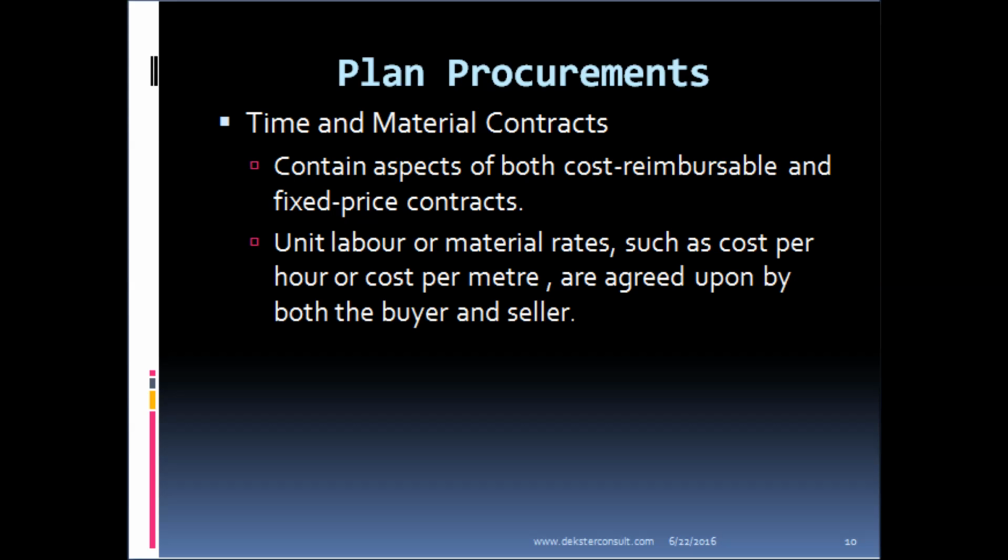Unit labor or material rates, such as cost per hour or cost per meter, are examples of time and material contracts. So we could see a fixed cost per meter, which looks like a fixed price contract, but yet the amount of meters is not yet determined, and so it is reimbursable at the end.